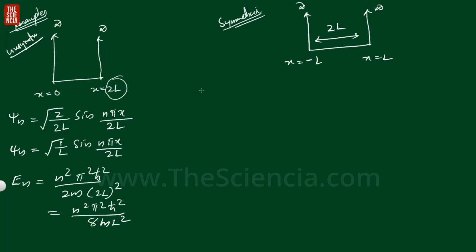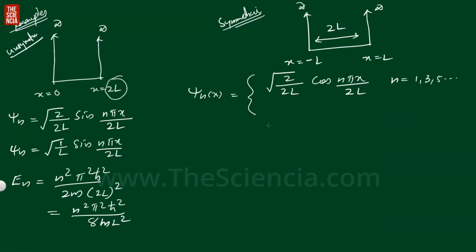Okay, so first of all let us consider psi of x. The first one is for the odd one, that is n is equal to 1, 3, 5 etc. That is, we get root 2 by length. Here what is the length? Length is 2L, into cos n pi x by length, length is 2L, for n equal to 1, 3, 5 etc. That is odd values.